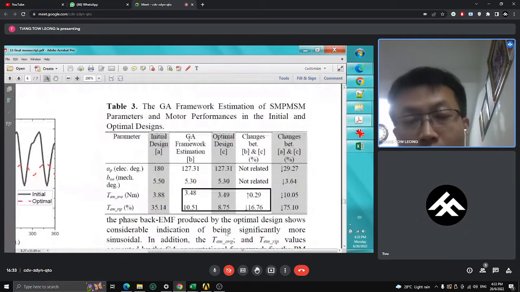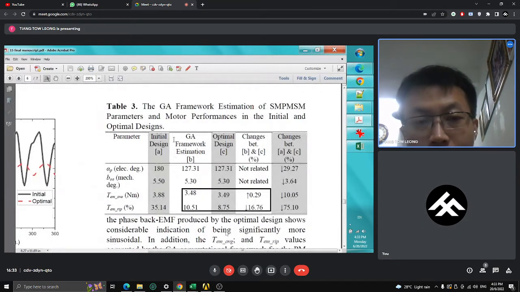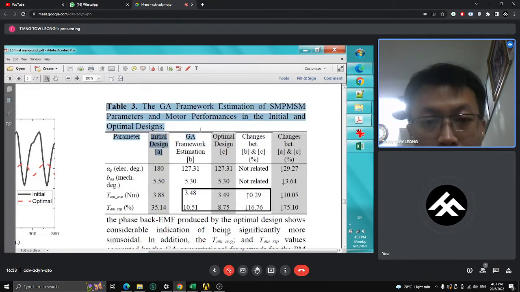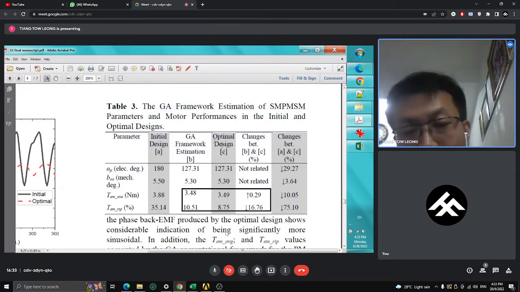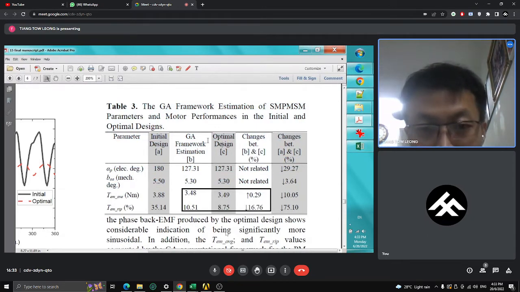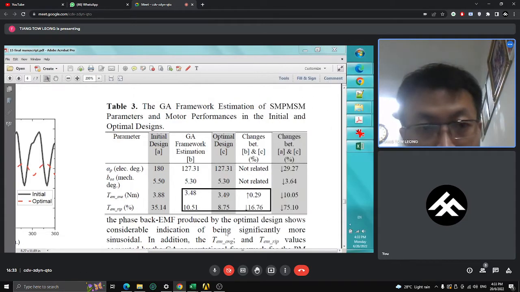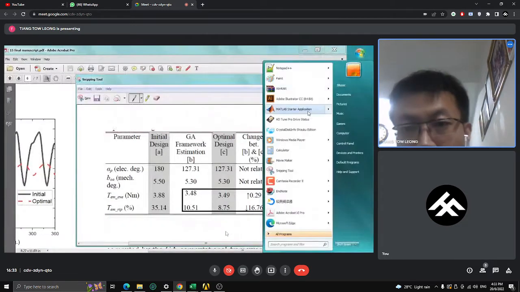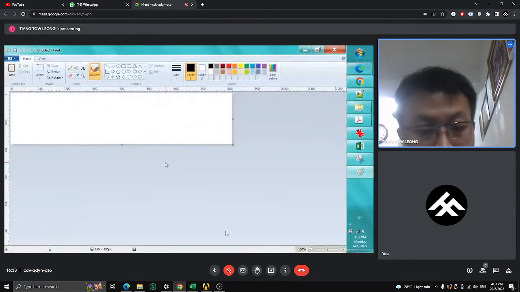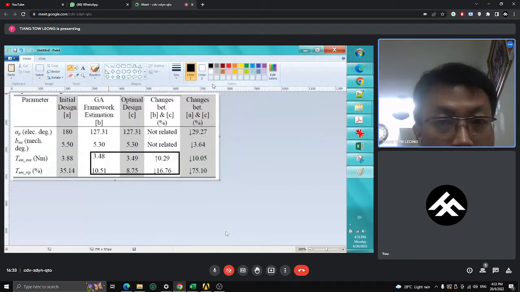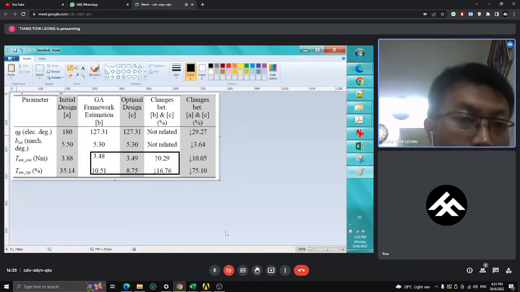Okay, so Hanif, this is the table you need to masuk. Tapi table macam ni dia bukan pakai semua tau. Okay, maybe I conteng for you. I conteng some for you. Later on I pass to you lah. Okay, yang masuk dia ini alpha P kena masuk, BOA tak payah.